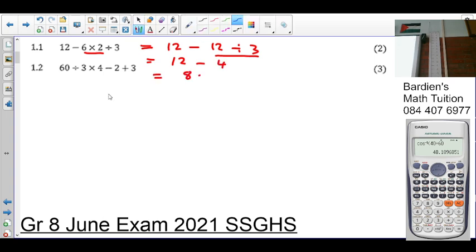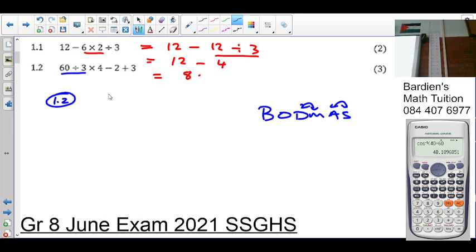Let's look at 1.2. We've got 60 divided by 4 times 3, divided by 3 times 4 minus 2 plus 3. So what must be done first? Division must be done first. Why? Because according to BODMAS, you can interchange multiplication and division, whichever comes first from left to right, and so can addition and subtraction.